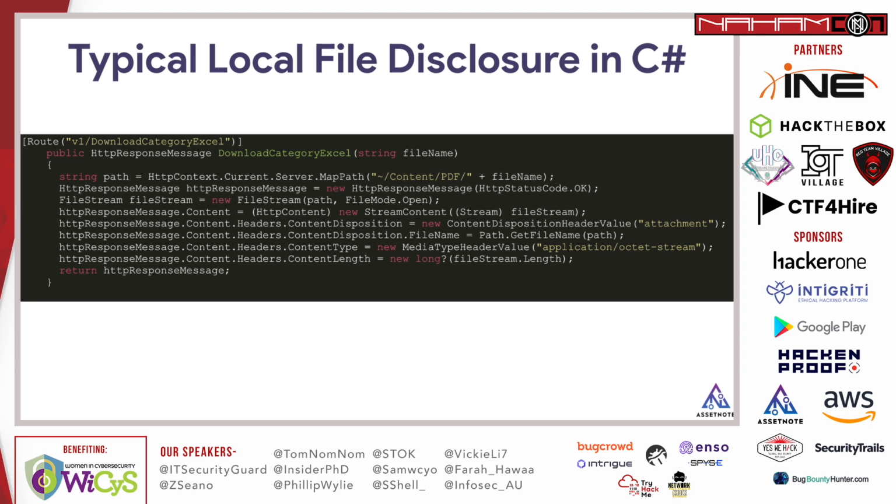So you can exploit this endpoint and provide a file name which traverses back directories and reads arbitrary files from the document root. Essentially this vulnerability will let you read local files from the system.